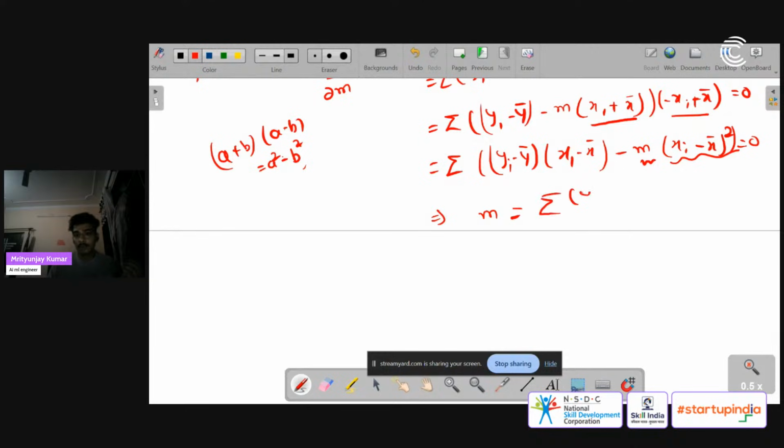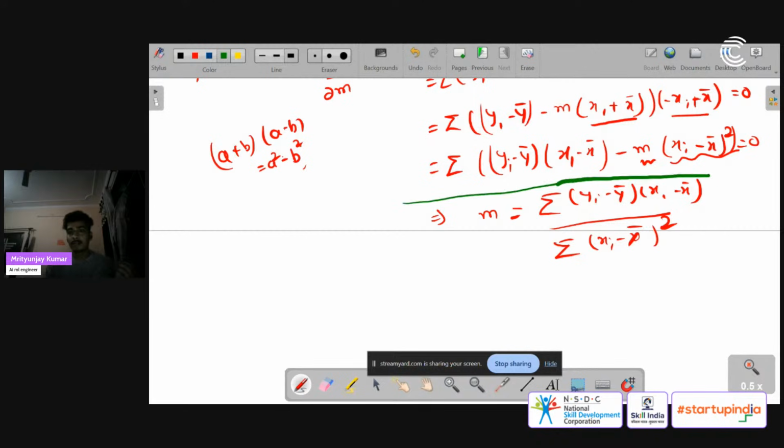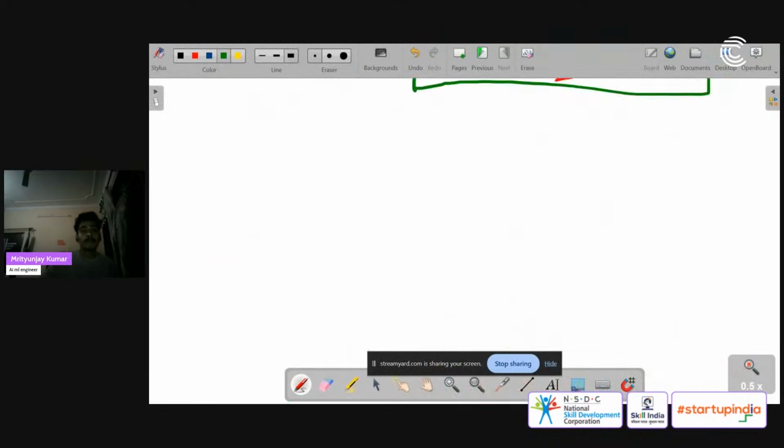So what will we get? Summation of yi minus y bar, xi minus x bar, divided by summation of xi minus x bar whole square. So we get the m equation. This is nothing but simple mathematics, and we get the value of m, and this is the value of b.